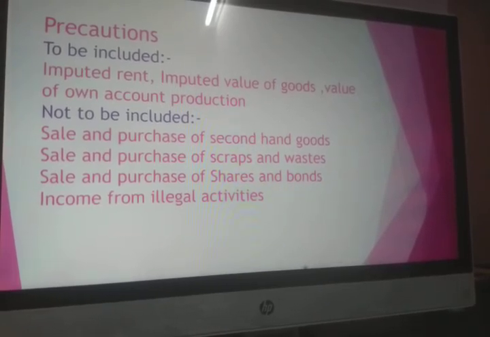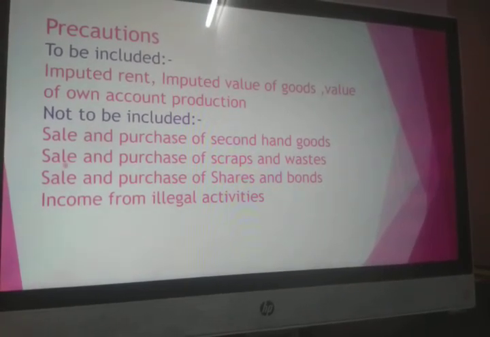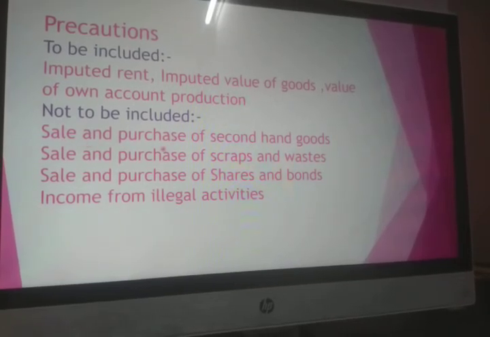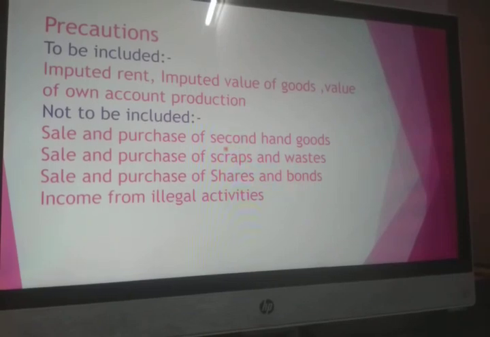And what we don't have to include, the first one is sale and purchase of second-hand goods. We will not include the sale and purchase of second-hand goods because we have already taken them into account in the previous year, or the year in which we produced this particular commodity.